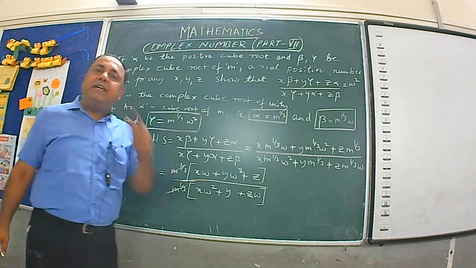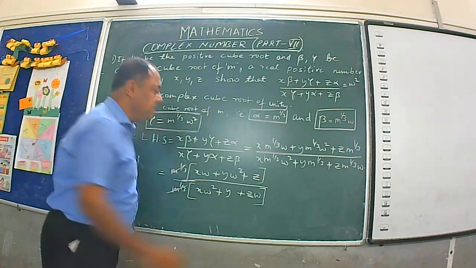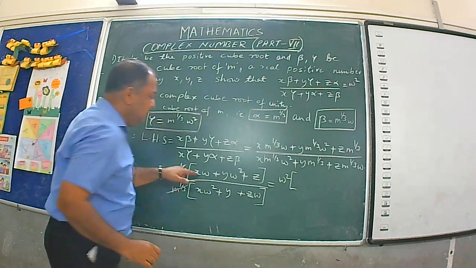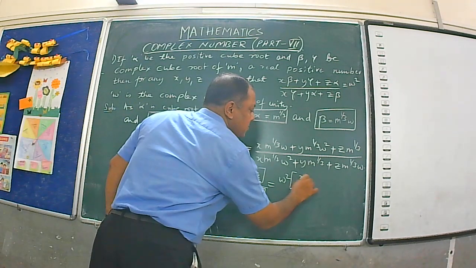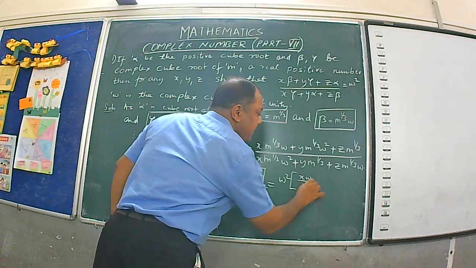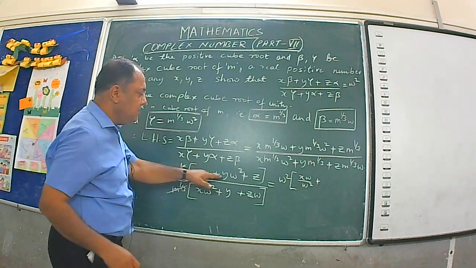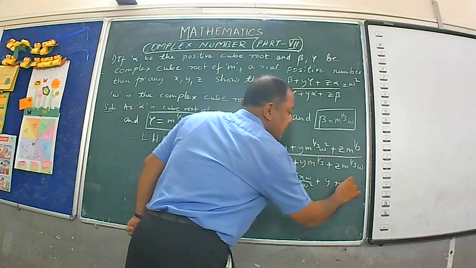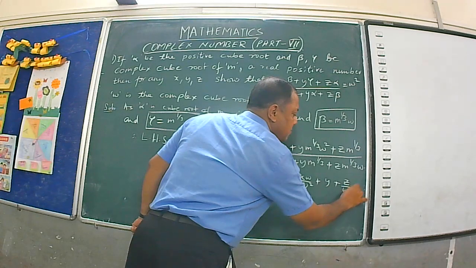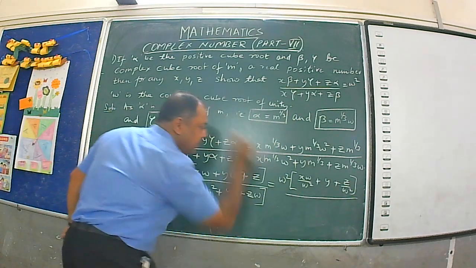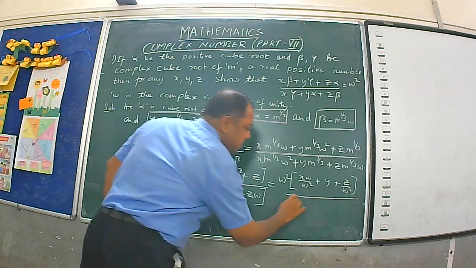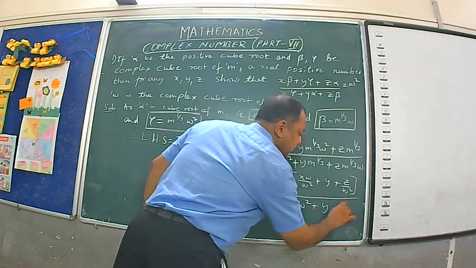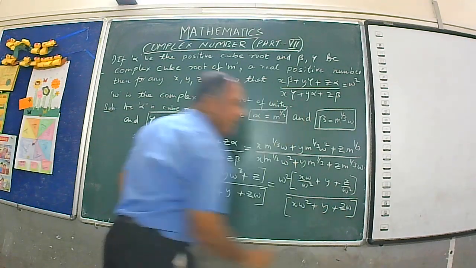Now I would take omega square common. That means omega square times (x omega by omega square plus y plus z by omega square), and in the denominator let it be as it is, x omega square plus y plus z omega.